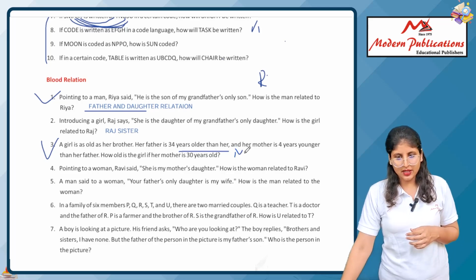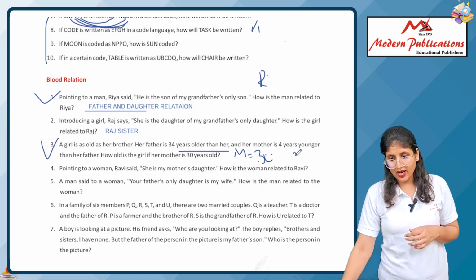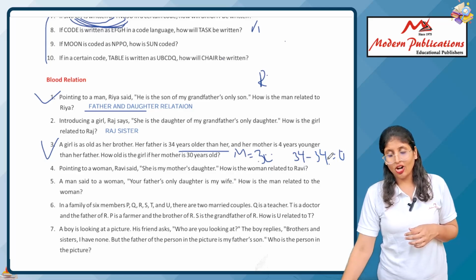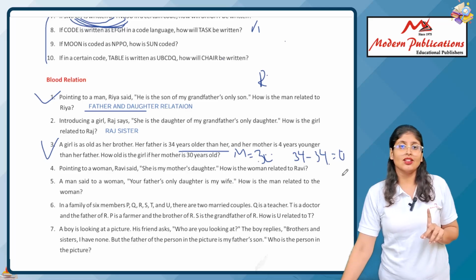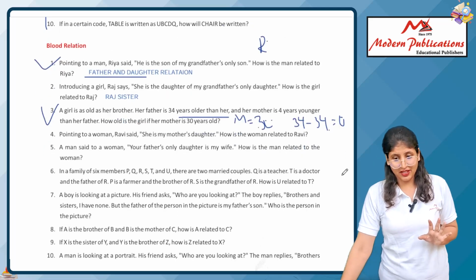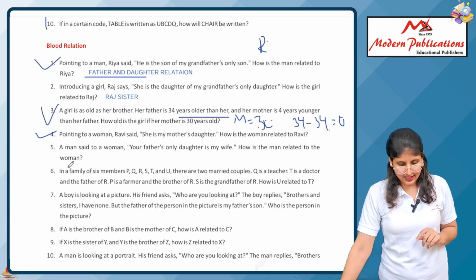It is clear her mother's age is 30 years and her father's age is 34 years. Her father is 34 years older, which means the girl is almost 0 years, not completed even 1 year. Okay, next is the fourth one.